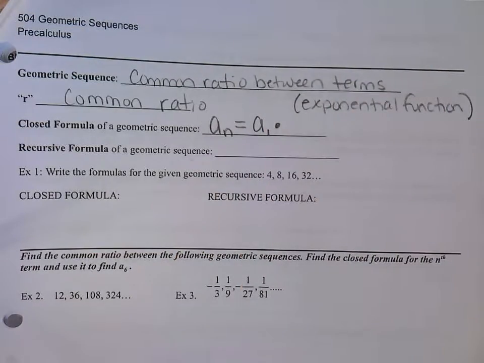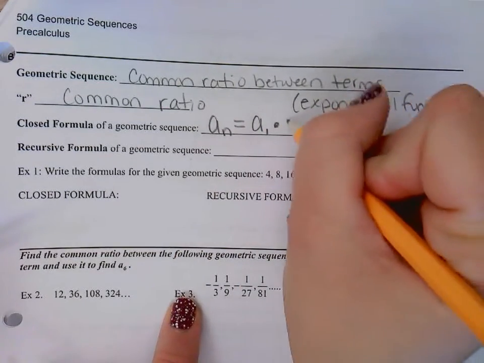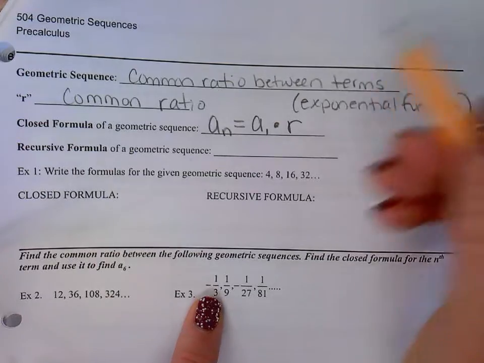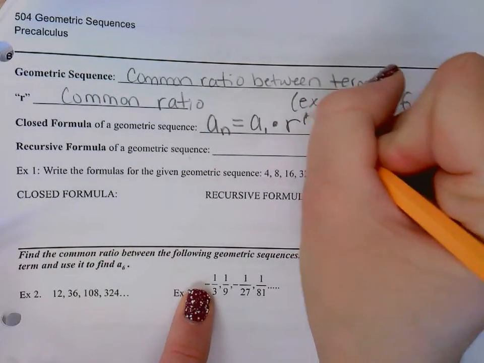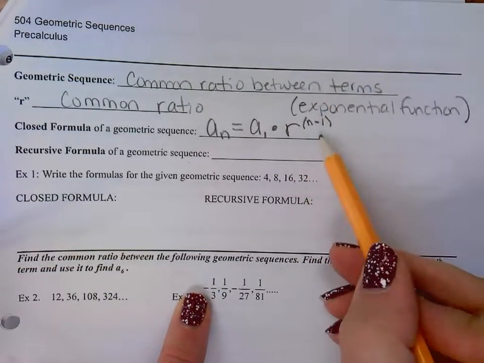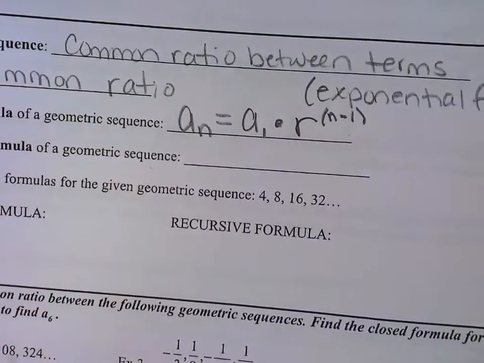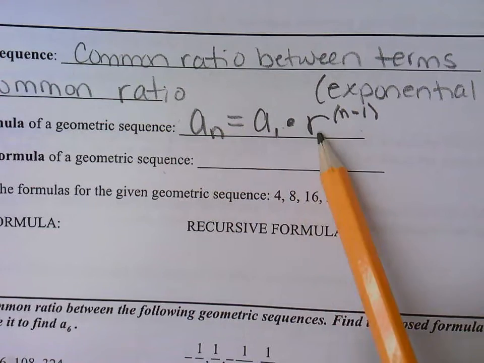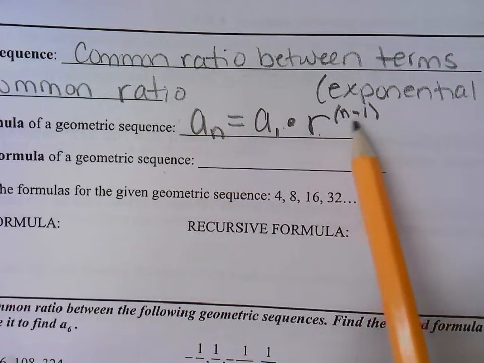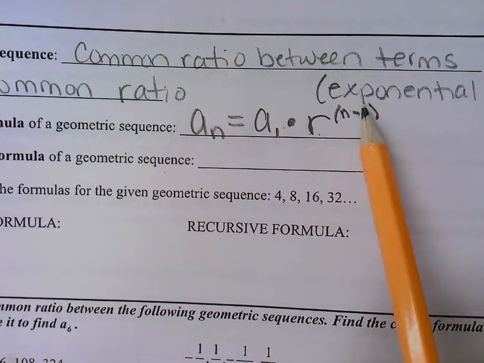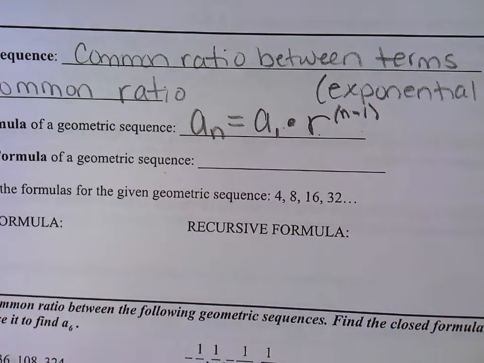Instead of adding your common difference, you're going to multiply by your common ratio. And instead of parentheses times n minus 1, you put the n minus 1 up in the exponent because you're multiplying by r 2 times or 3 times or 4 times. So this n minus 1 is up in the exponent because it's an exponential relationship.